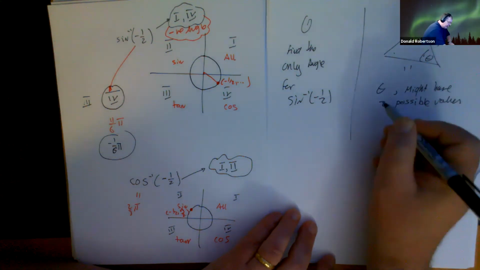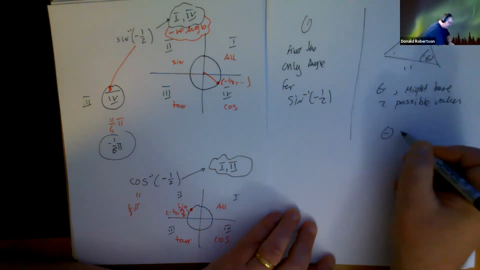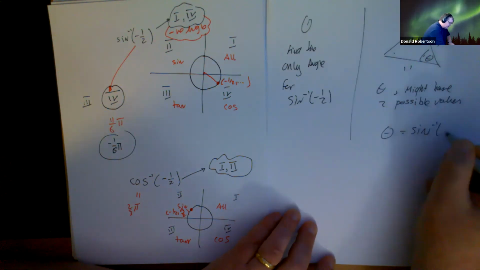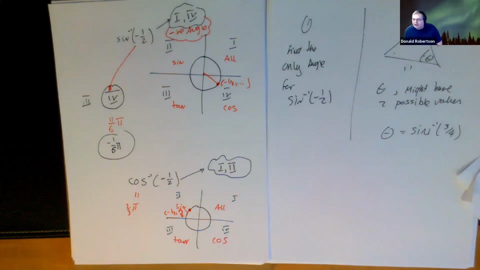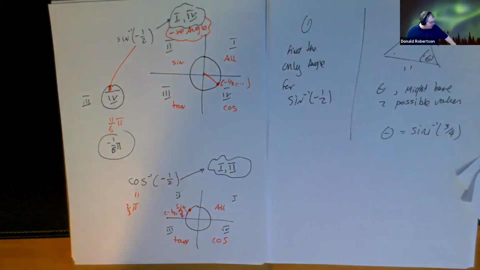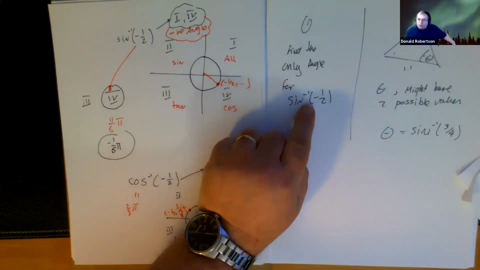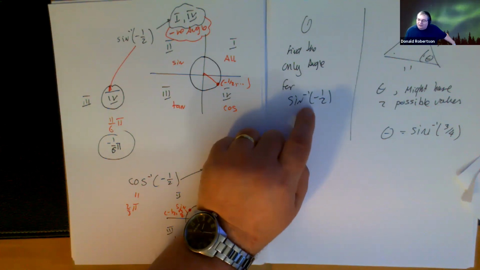Now, when you get theta, don't you have to do things like, well, it'll never be negative for starters, but you have to find things like the inverse sine of 3/4, or whatever it happens to be. Well, in those questions, they're not the same as this one. This question here is very specific. What is the single only value for an inverse sine, inverse cosine, inverse tan?